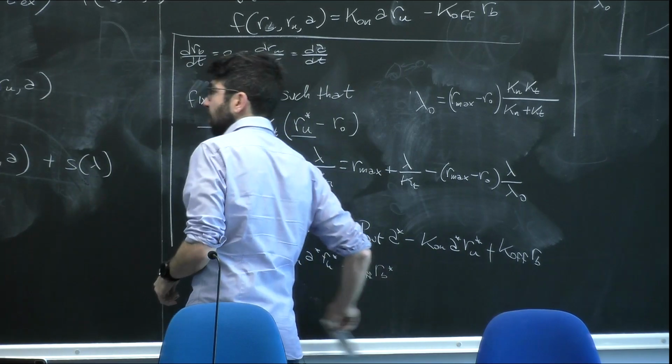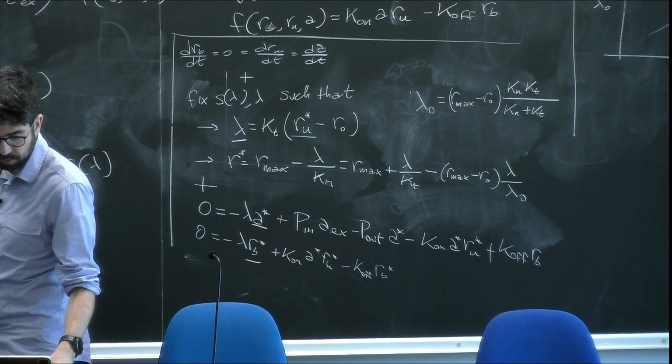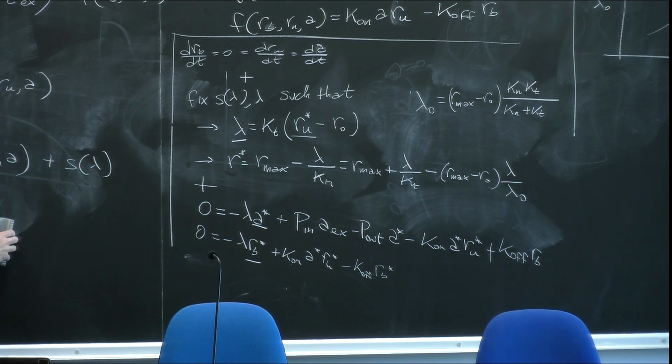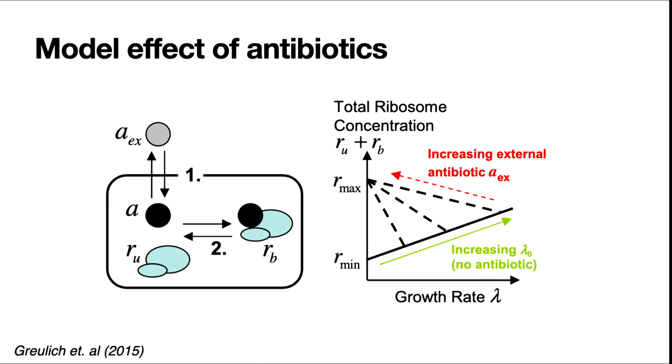I will not do the full derivation because it's simple, but I'll sketch it out. So I remove this, and I'll rewrite the equation we need to solve. Lambda equals kappa t times Ru minus R naught.